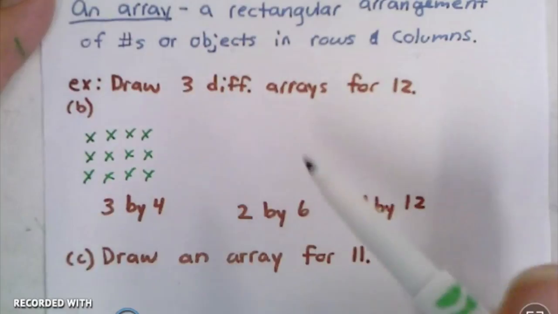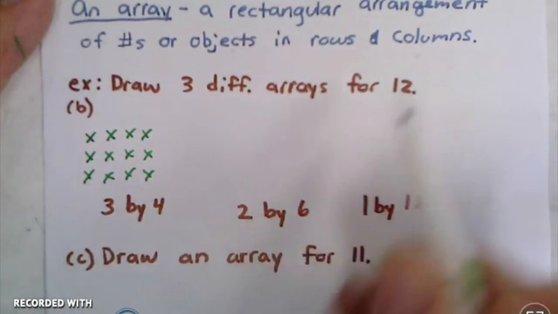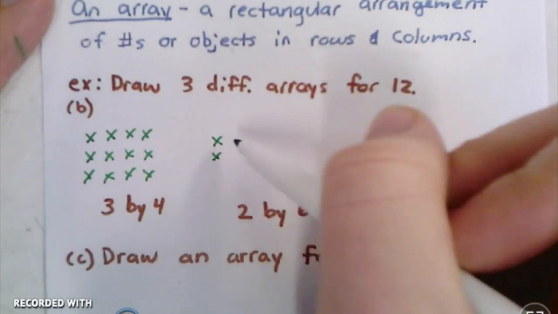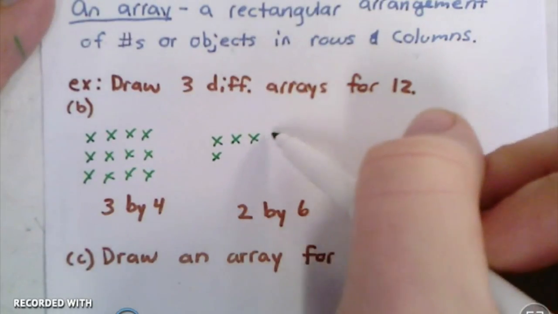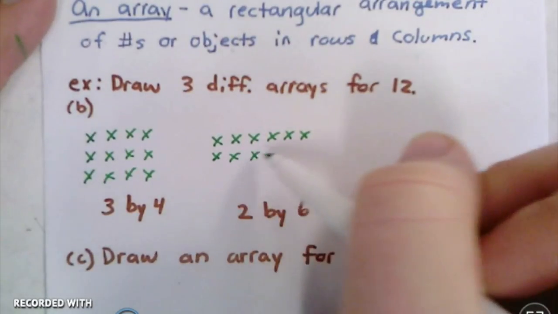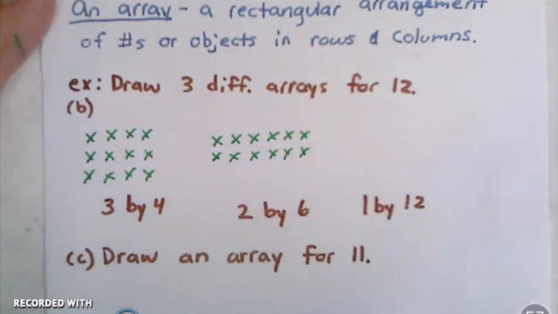If I were to do 2 by 6, which is another array for the same number, I would do 1, 2, and 1, 2, 3, 4, 5, 6. This also represents 12 but it shows 2 times 6.